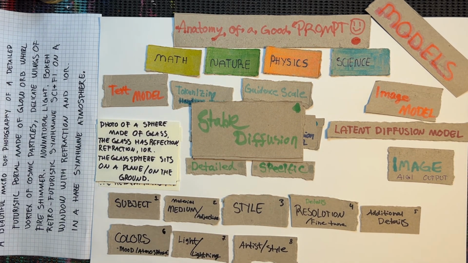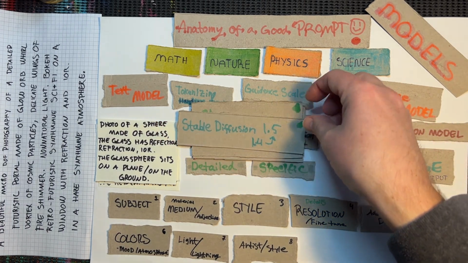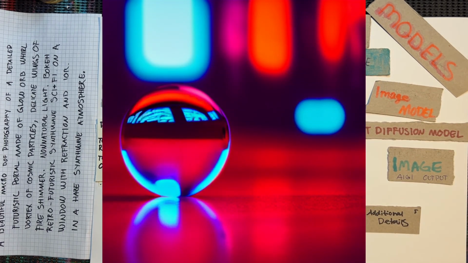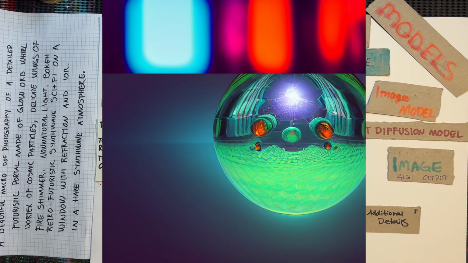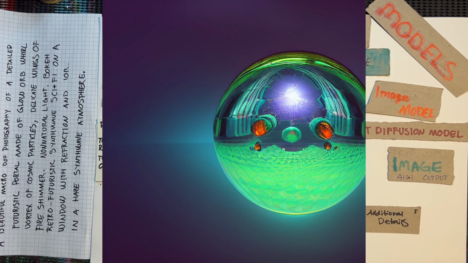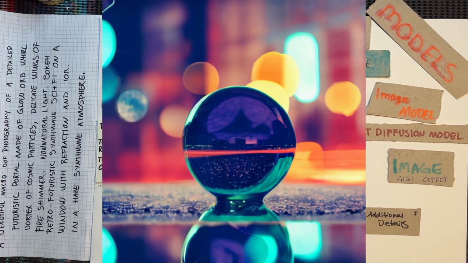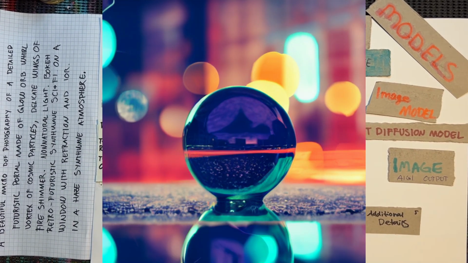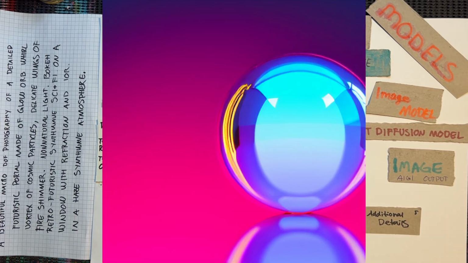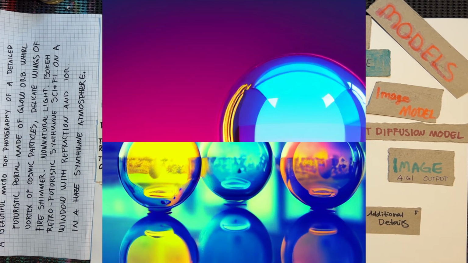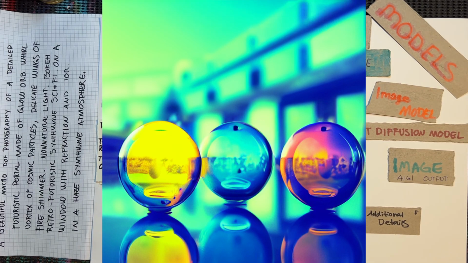Then they released Stable Diffusion 1.5, 1.4 to be more specific. That was a breaking point for me. It made a huge difference. Not only could I stop using all the online collaboration notebooks, but at that time I also got myself a pretty good GPU.